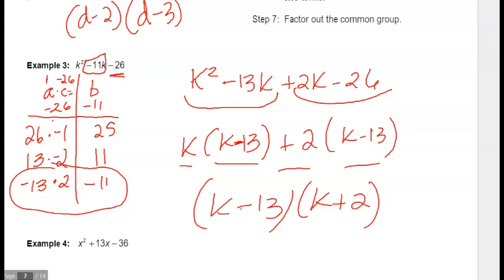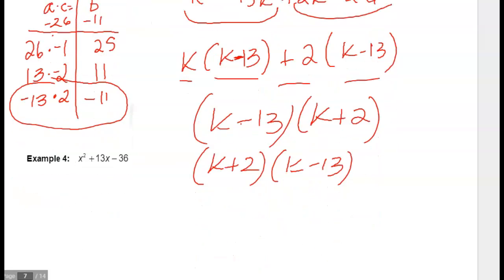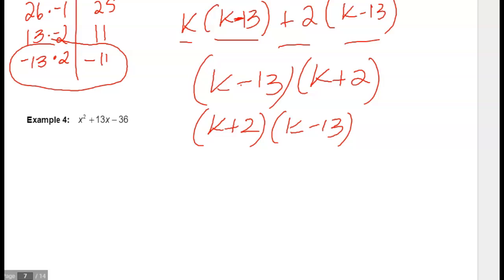And this should look really familiar from before. Because if I wrote it like this, remember multiplication you can do in any order. If we were going to go the opposite way and multiply this, here's what we do.